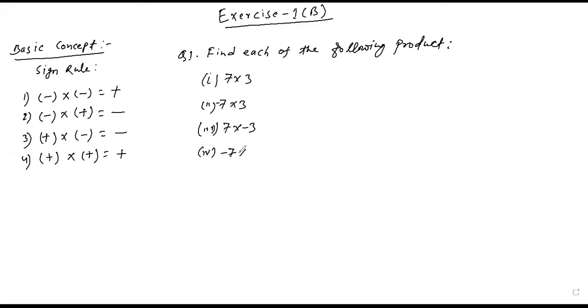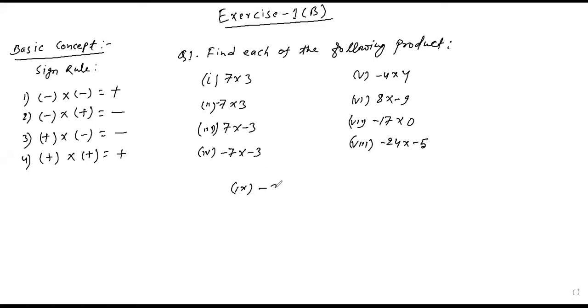Number 4, minus 7 into minus 3. Then number 5, minus 4 into 4. Number 6, 8 into minus 9. 7, minus 17 into 0. 8, minus 24 into minus 5. Then 9, minus 845 into 12, and 10, 500 into minus 19.